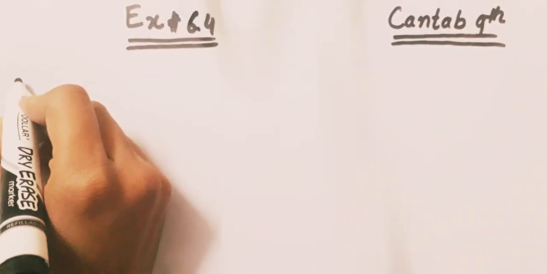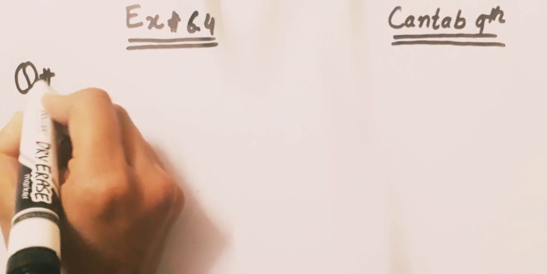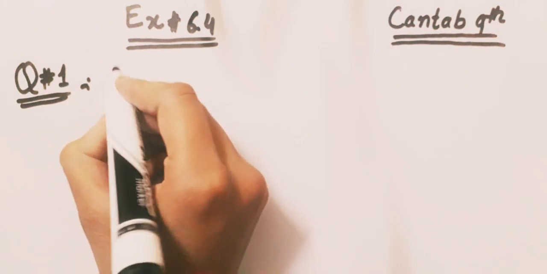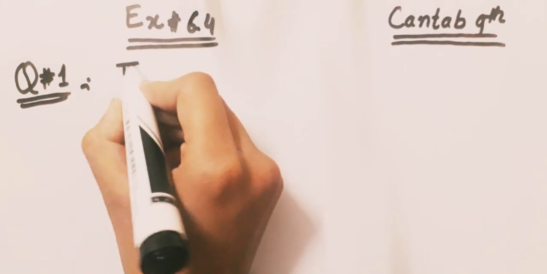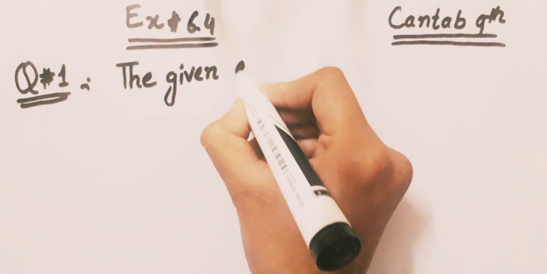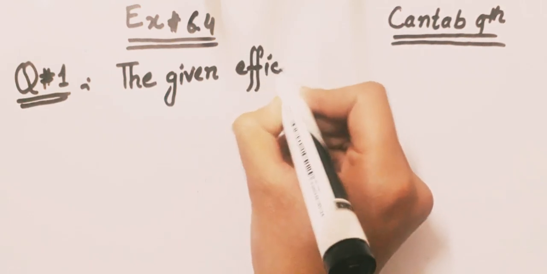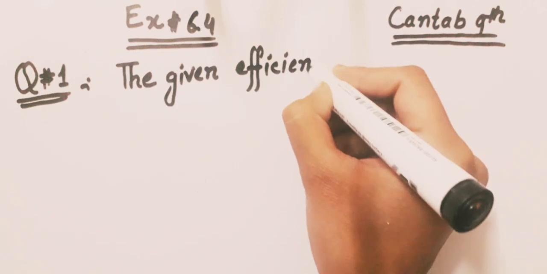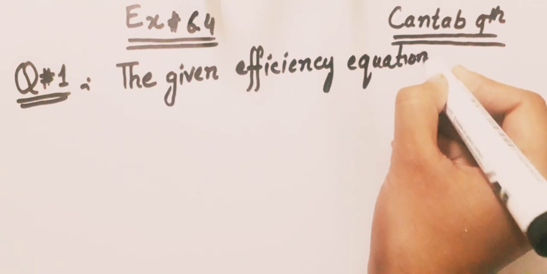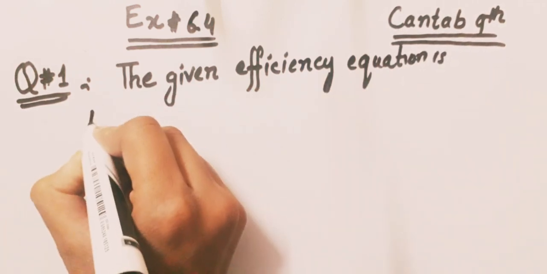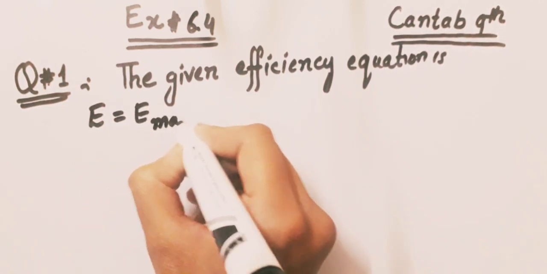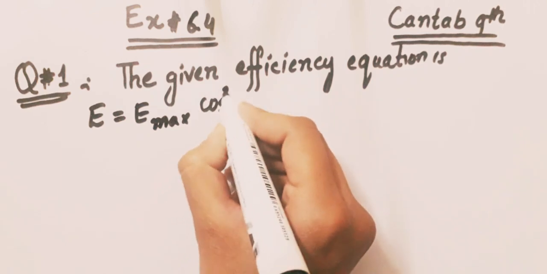Now question number 1. Given efficiency equation is, you will write the given efficiency equation is E is equal to E maximum cos square theta.